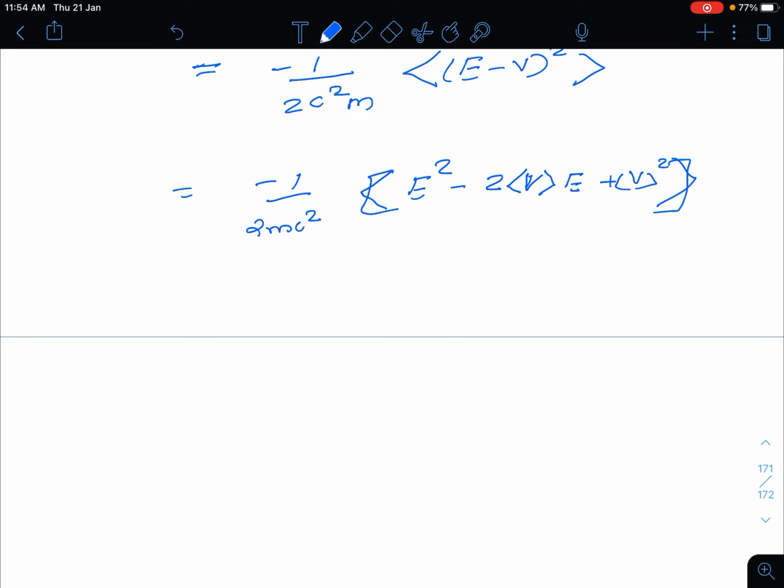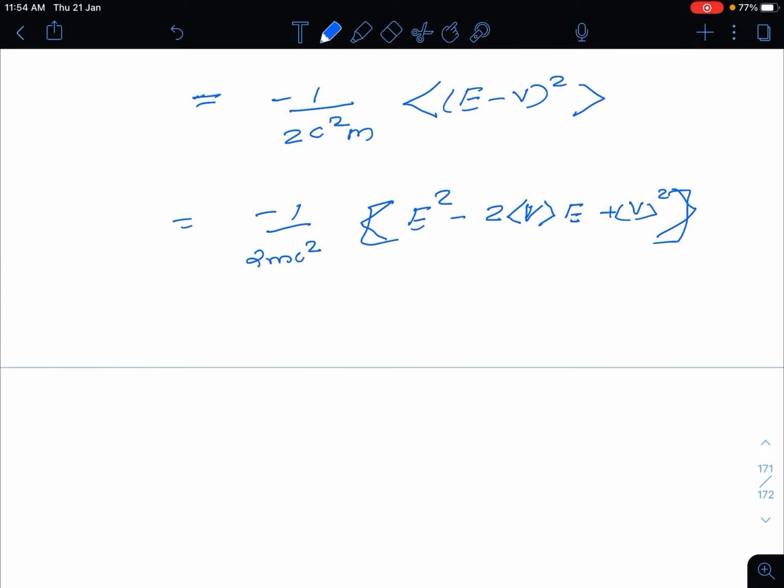So I took the expectation value for V only. Now what is V? We already know V is equal to minus 1 by 4 pi epsilon 0 e square by R. So the expectation value of this is what should come here. So let's take that also.